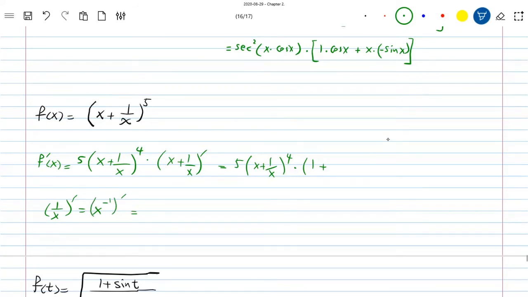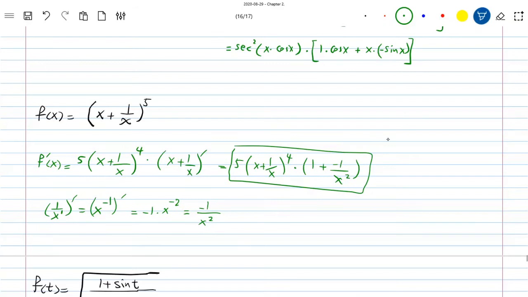Either way is correct. This is x to the power 1. I can move it to the numerator and make it x to the negative 1. Drag down the exponent, negative 1. Subtract 1 from the exponent, x to the negative 2, which is the same as negative 1 divided by x squared. So it's 1 plus negative 1 over x squared. This is the answer.